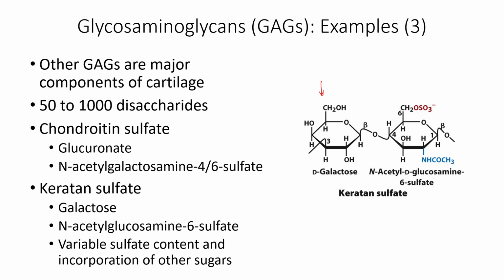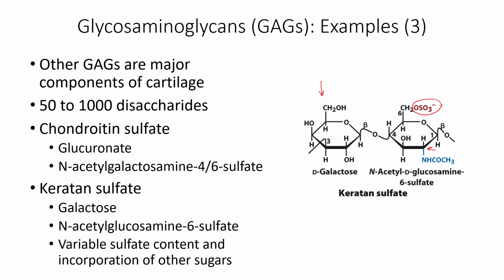Our second sugar looks a lot like what we saw in chondroitin sulfate, but instead of a galactosamine, in keratan sulfate our original sugar was glucose. We added that N-acetyl on the 2 carbon, and we have a sulfate group on the 6 carbon. Altogether, that sugar with all the modifications is now called N-acetyl D-glucosamine 6-sulfate.